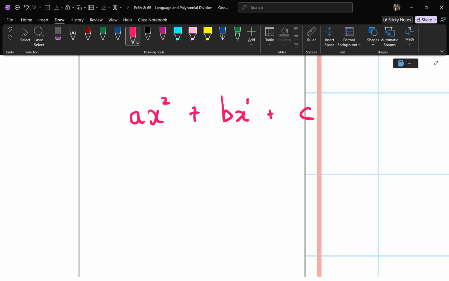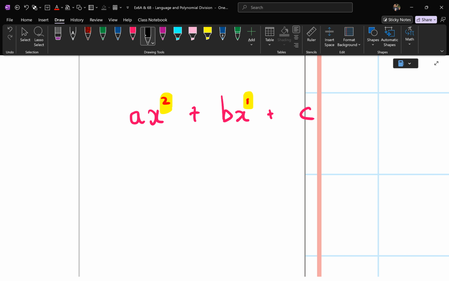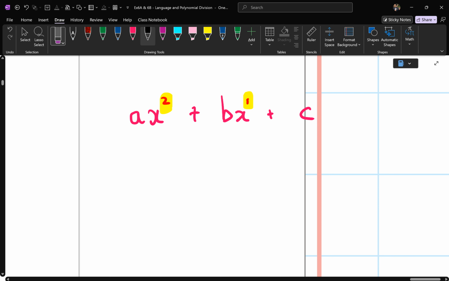That's your general quadratic form. And you notice the pattern here that you have something multiplied to the highest power, currently a 2. The next one drops down by 1. And the next one drops down by an extra 1, because technically there's meant to be an x to the power 0, but we all know x to the power 0 is 1. That's why we don't write that x.